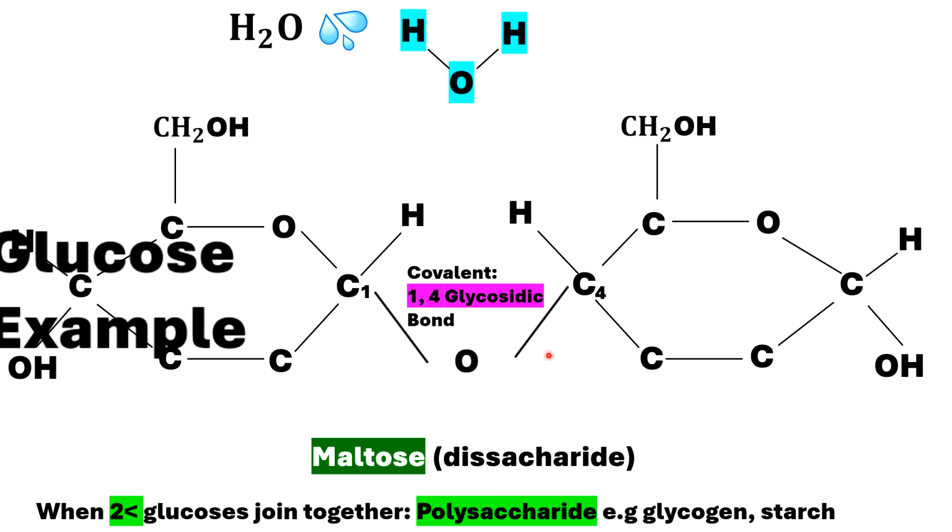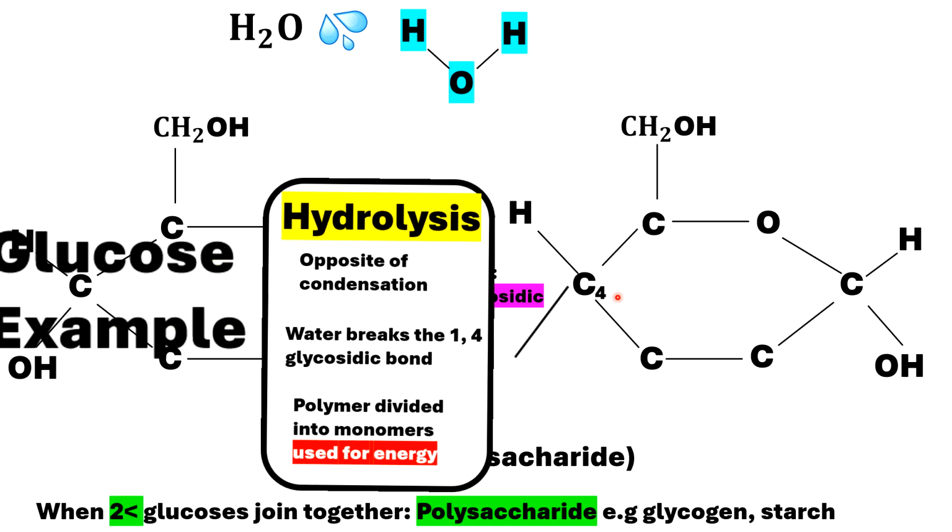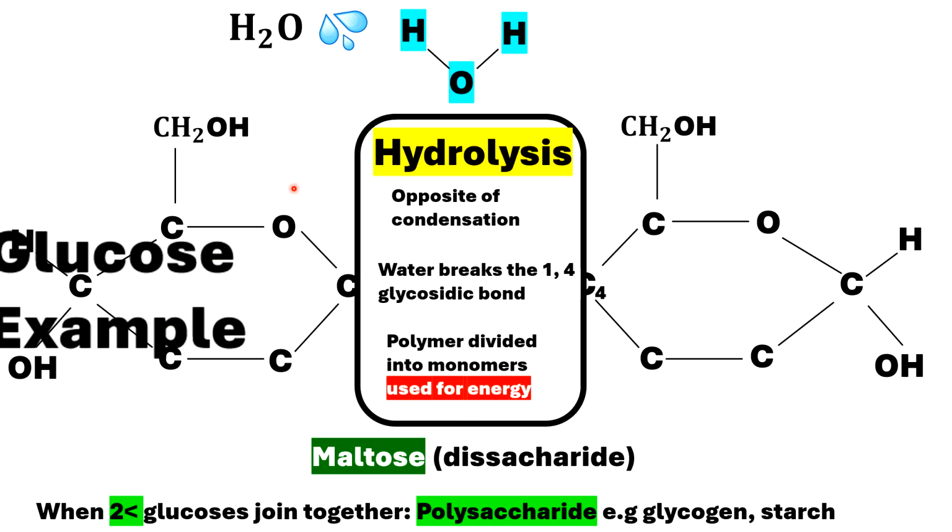Now, why is it a 1,4 glycosidic bond? This is because it bonds between the carbon 1 of one and the carbon 4 of the other. This would be the carbon 4 of this molecule, and this would be the carbon 1 of this molecule, if that makes sense. Any questions can go in the comments, as always.